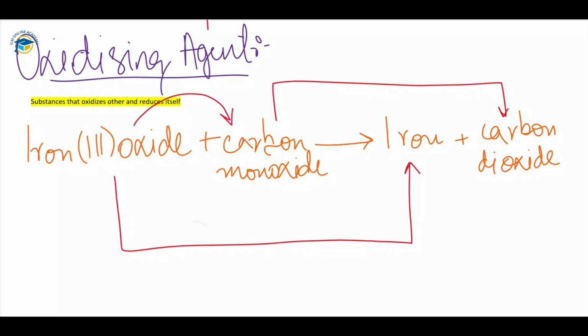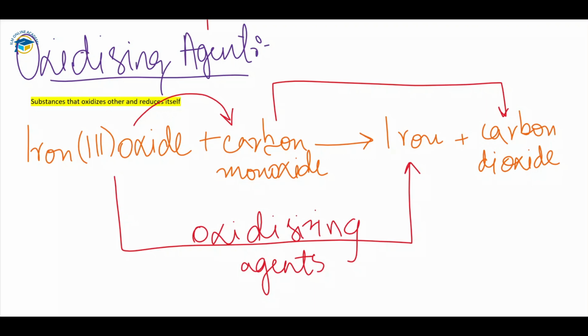So the oxidizing agent here is iron oxide, because it helps others to get oxidized. These are the substances that help others to get oxidized, and they reduce themselves. Oxygen is getting removed from these substances. That's why they are known as oxidizing agents.